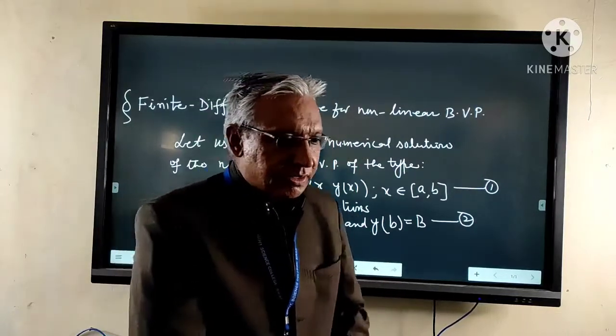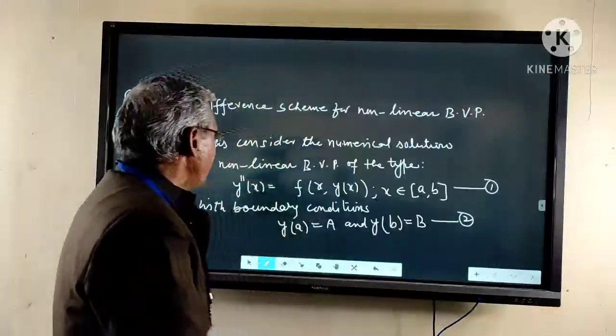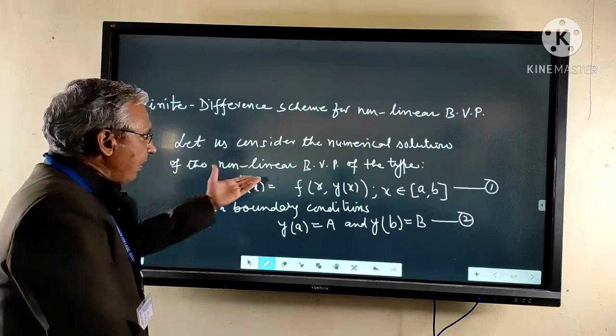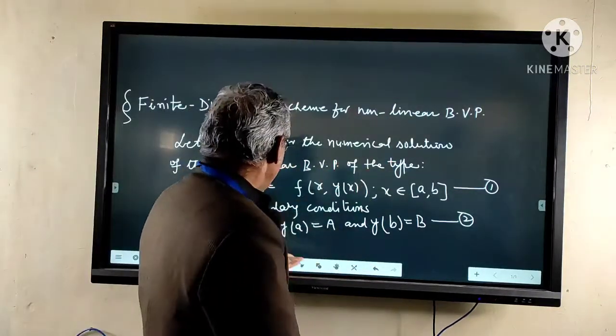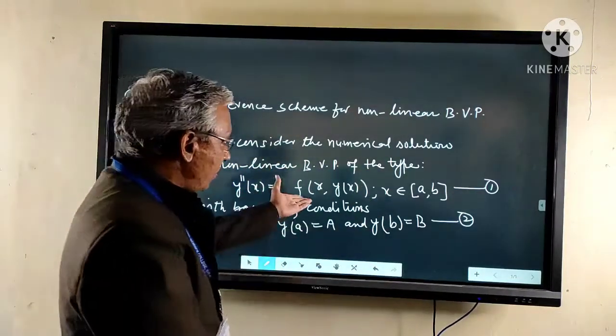Let us consider the numerical solution of the nonlinear boundary value problem of the type y double dash equal to f of x comma y.